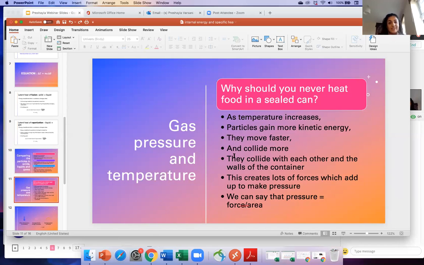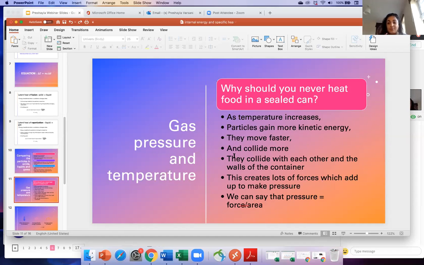So if we increase temperature, we increase kinetic energy and we increase speed. So it's kind of a chain reaction. Now, if they are moving faster, they collide more. They collide with each other and they collide with the walls of the container. This creates lots of force, which add up to make pressure.